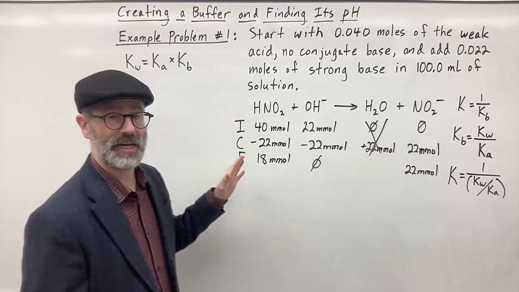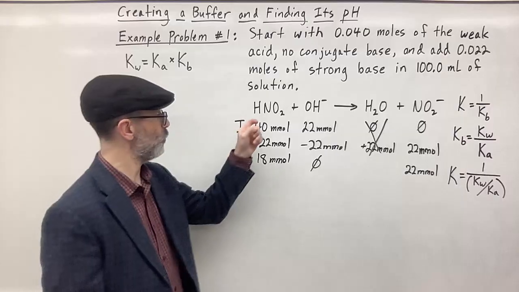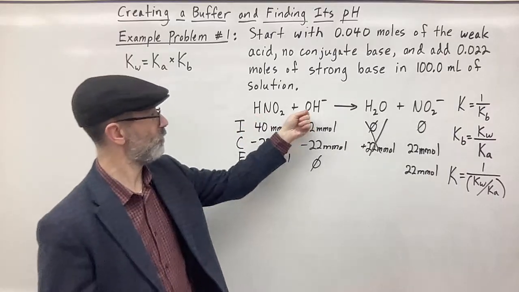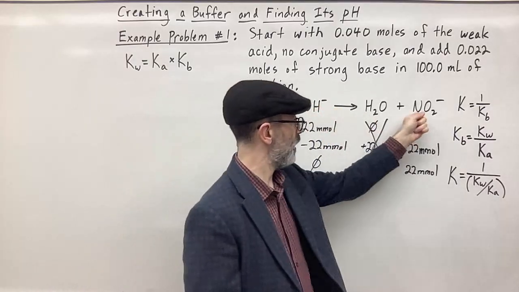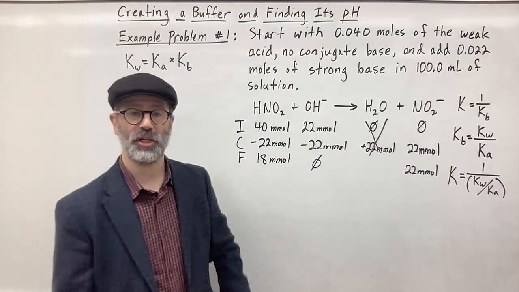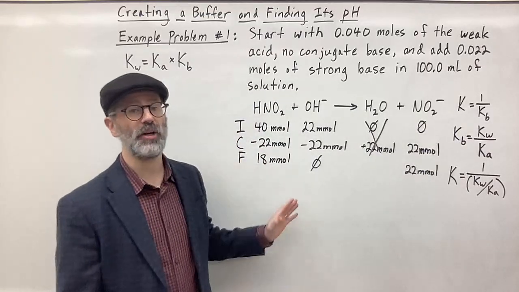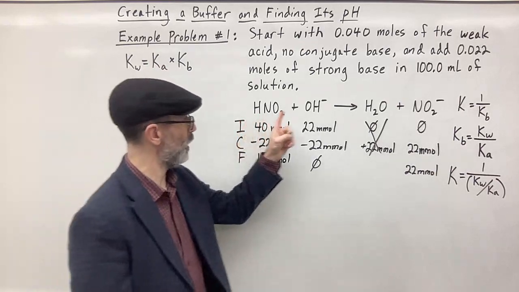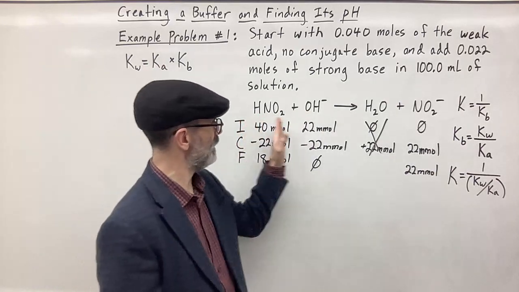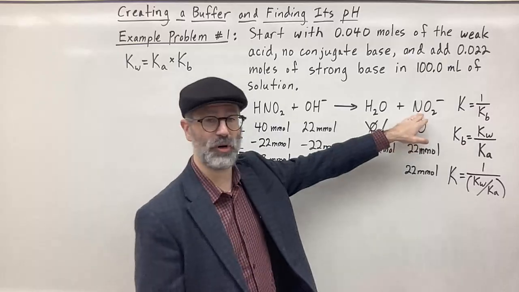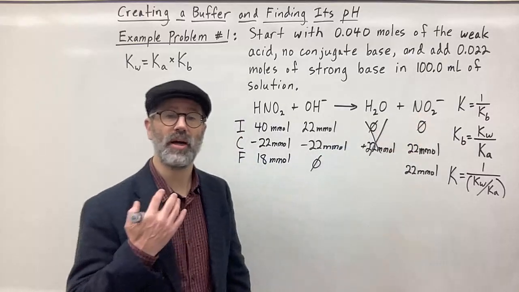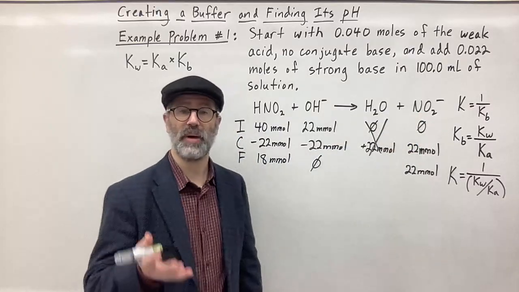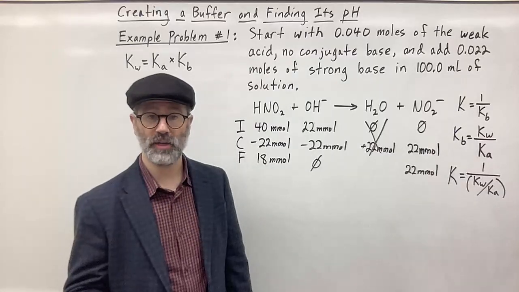Okay, so before we go to the ice table, let me talk about the equilibrium constant for this reaction. If you pay attention, right here they give us a weak acid reacting with a strong base, and that gives us water and NO2 minus, the conjugate base. Now, to figure out the K value, you might recognize that this reaction is the reverse of the conjugate base reacting with water, right?